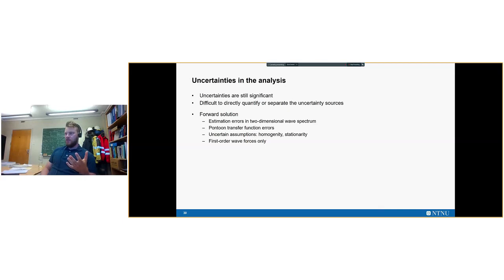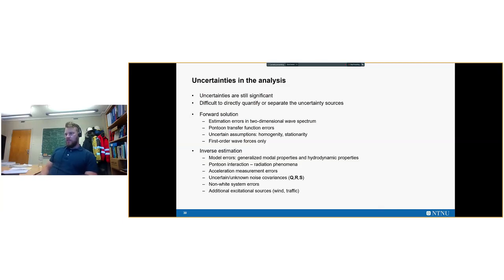We have also made some assumptions on the homogeneity and so on that might not be true in reality. And in addition, we only investigate the first-order wave forces. So there might be some second-order contributions that we cannot model with this methodology.